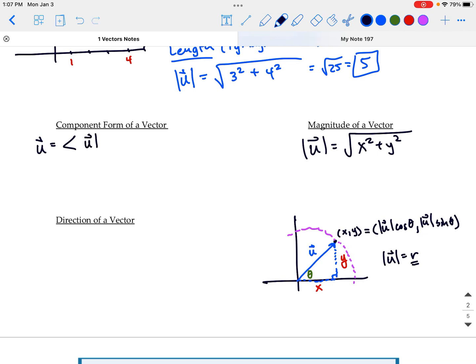So we'll note the component form of a vector can be written in terms of the magnitude and direction only. Theta is our angle for direction, and the magnitude of u is our length or distance from the origin.